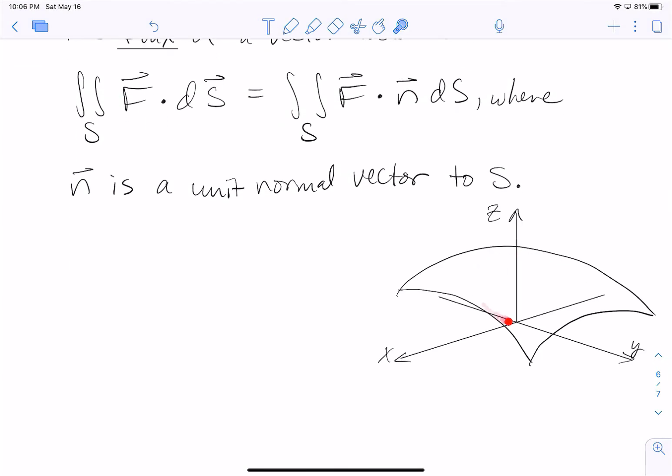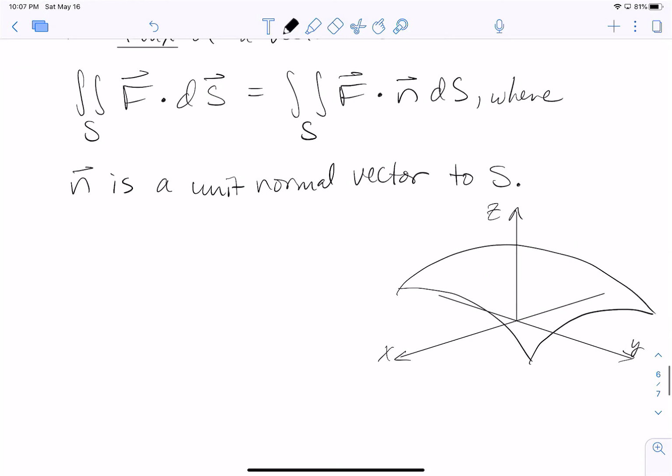If our surface happens to be a function, then we can consider a unit normal vector that points up from the surface. But folks, as you know, there is another unit normal vector that points down from the surface. And that would be negative n. And so we actually have to know, should we be considering an upward orientation or a downward orientation?